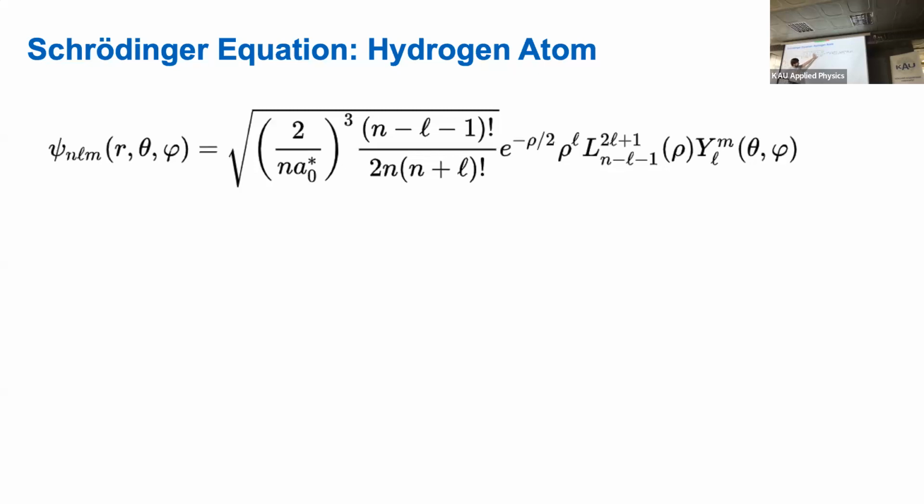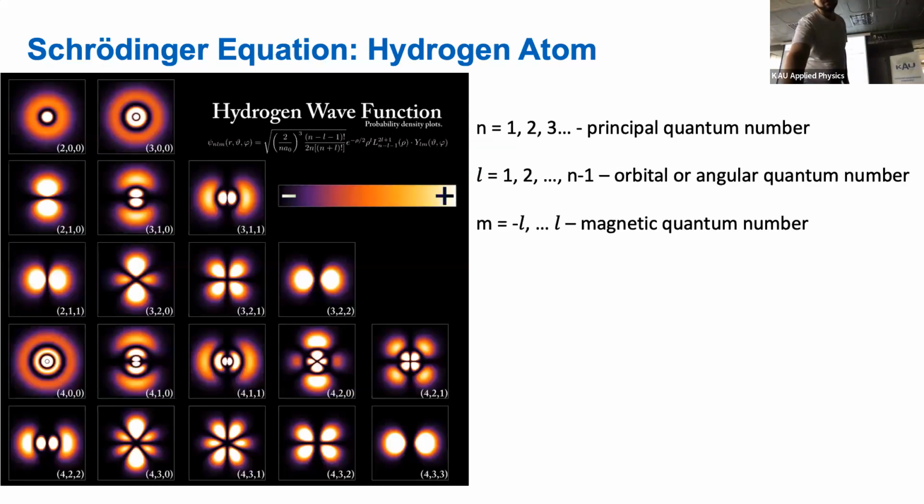One part is the radial part. It depends on the radius, the distance from the center of coordinates. And the other part is the angular part. From this angular part, we can get a lot of beautiful flowers, a lot of orbitals.